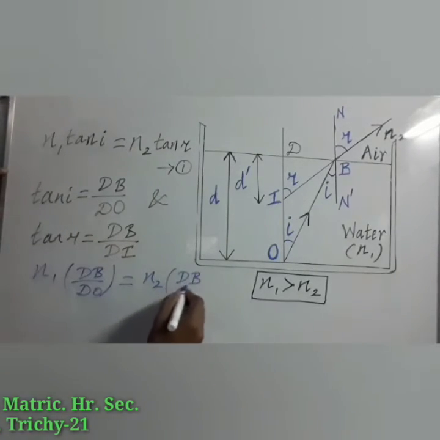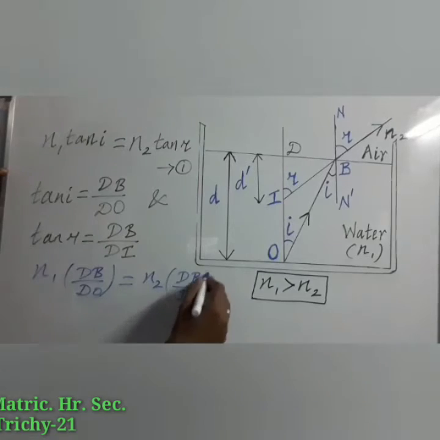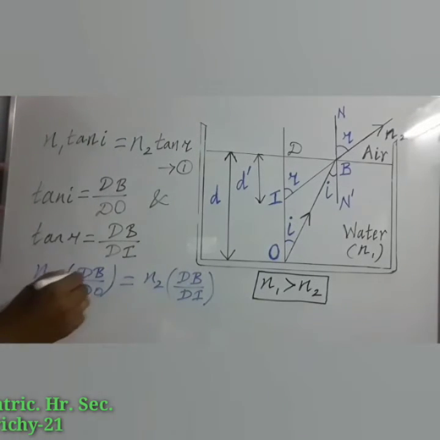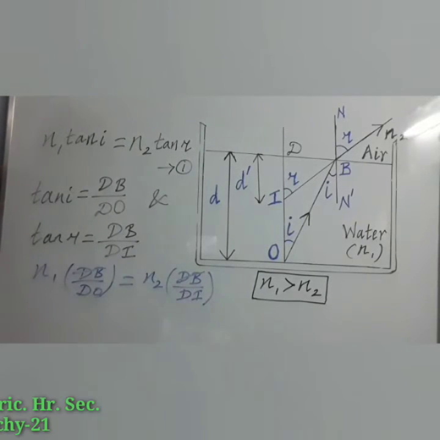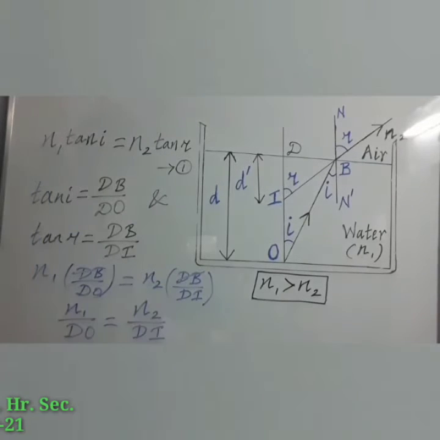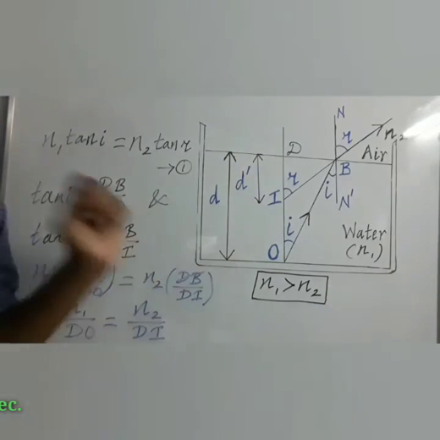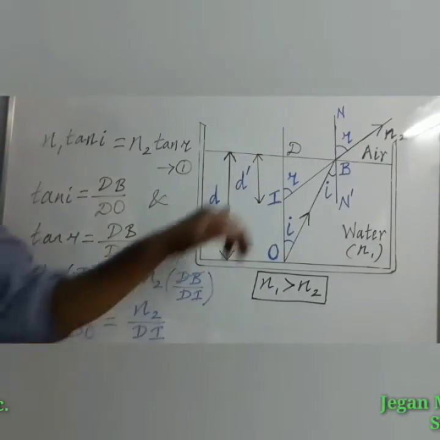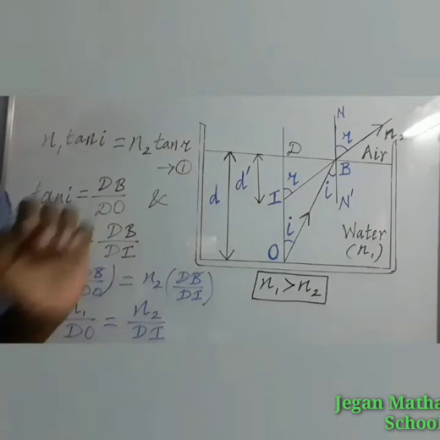DB by DI. Here DB can be cancelled. So what is the remaining thing? N1 by DO is equal to N2 by DI. We know already, DO is nothing but the actual depth, and DI is nothing but the apparent depth D dash.